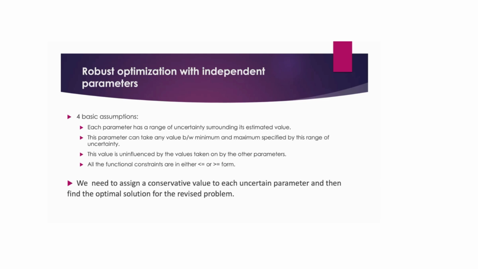So it's not applicable to fixed requirement constraints, the equality. It's not applicable to that. Okay, and robust optimization involves assigning a conservative value to each uncertain parameter and then finding the optimal solution for the revised problem.